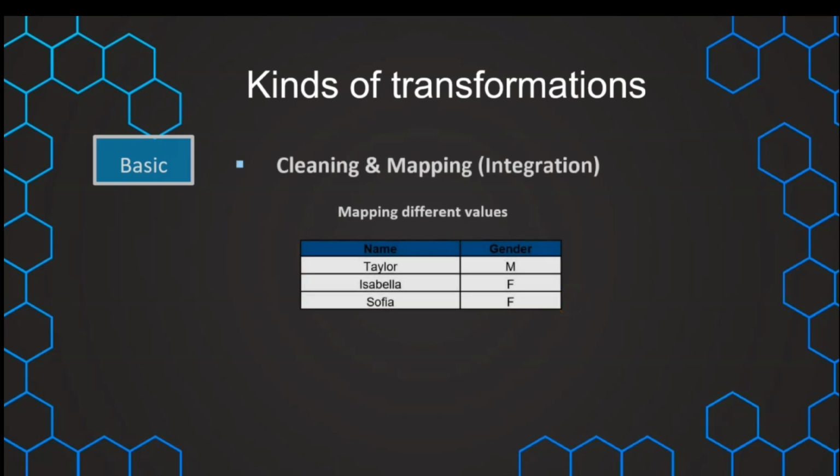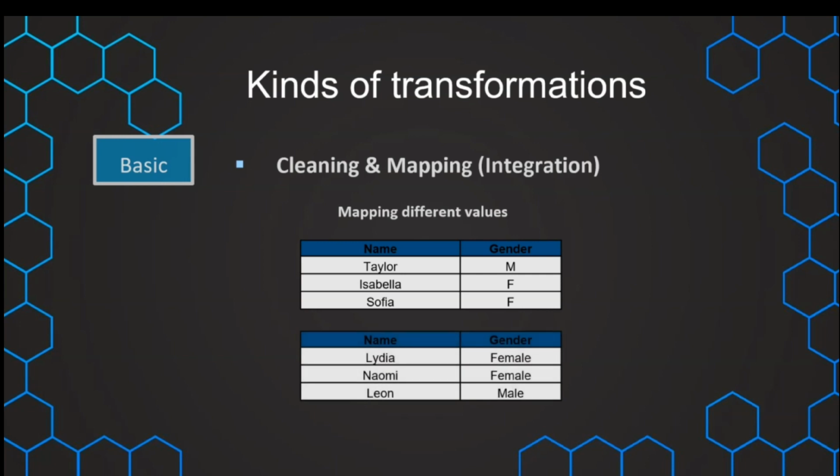Something that we also want to do in this stage is to clean the data. For example, if we get multiple tables from different source systems, we want to bring them into one consistent shape. For example, one system could use the abbreviation M for male and F for female for our customers' gender, and in another system this might be written out.